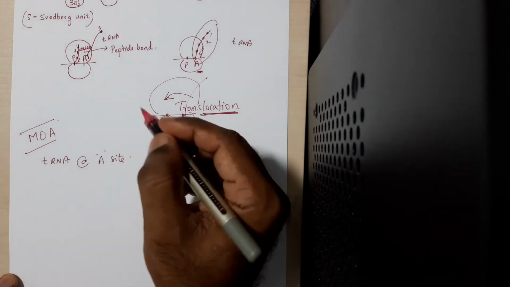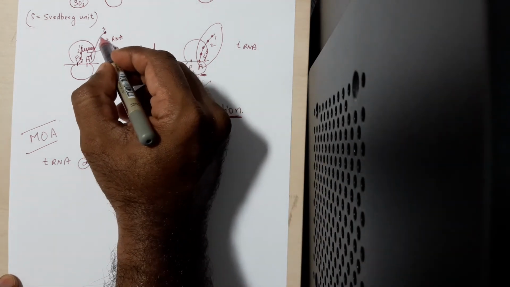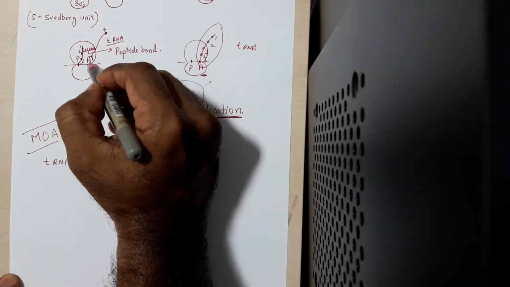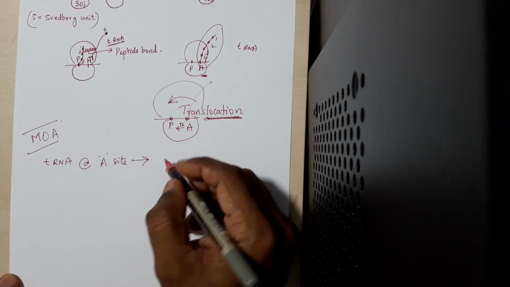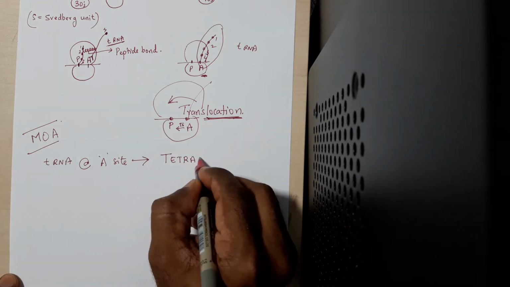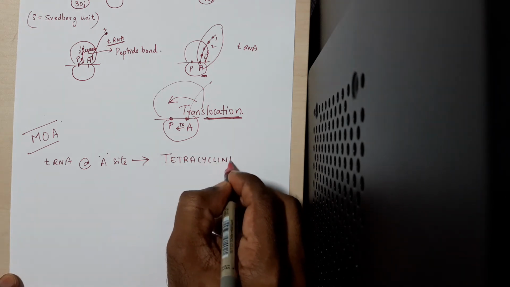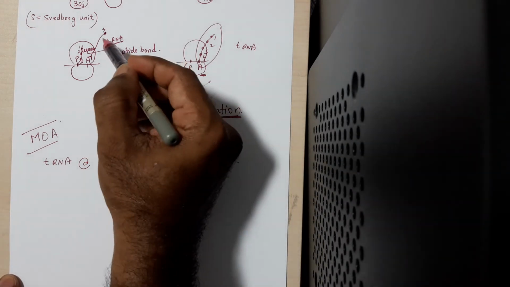The tRNA brings the new amino acid, but what drug will prevent the attachment of tRNA to the A site? Yes, this is finished for you. It is tetracycline.